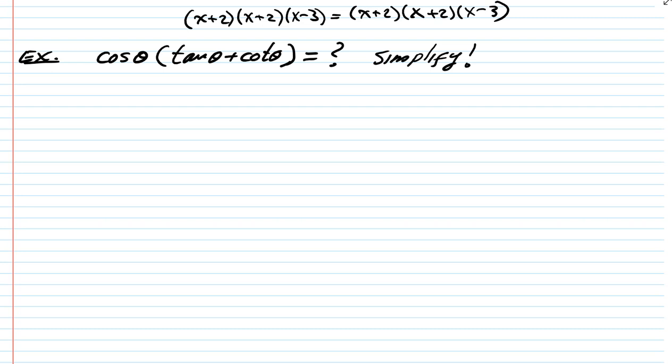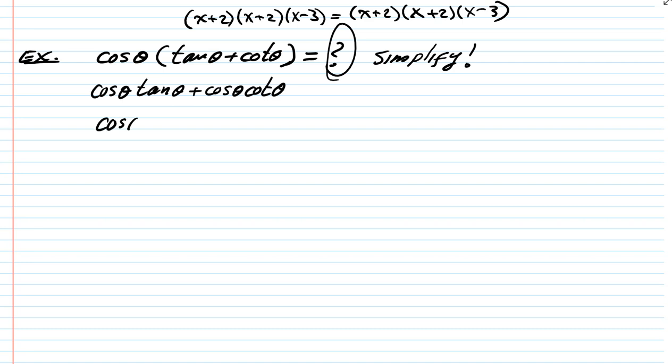It's as if I don't have the right side. So, in fact, I'm going to hold off on the question mark. And let's simplify this one. So, I'm going to distribute cosine to tangent and cotangent without knowing what the right side is.